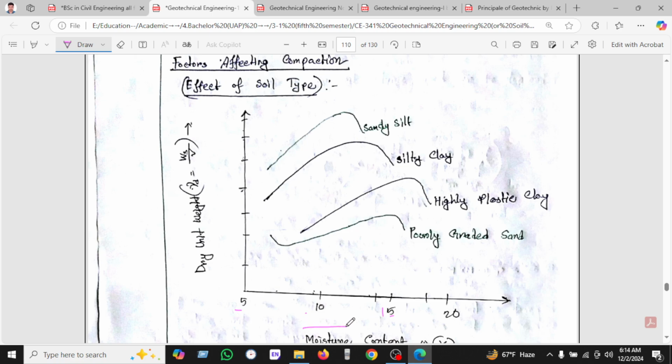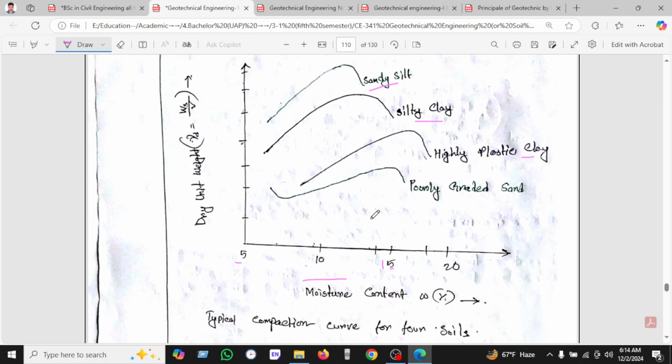When the moisture content increases, the graph also goes to the right side, which is clay.